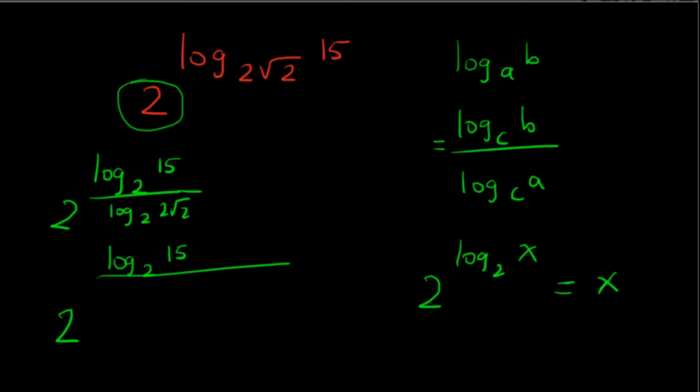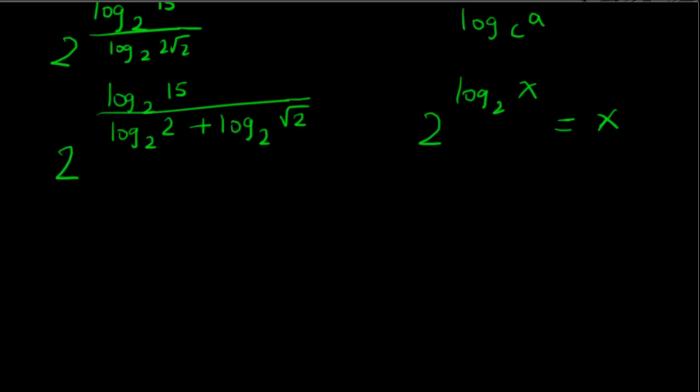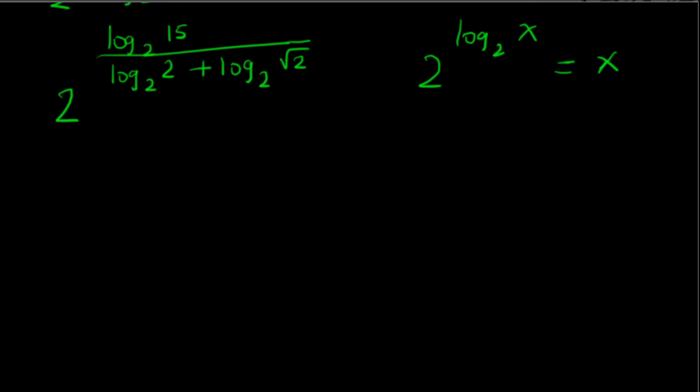But the log base 2 of 2 root 2, we can split it up into two logs, because remember, whenever we have the same base and we add the logs, we multiply what's inside the log. From here, we can simplify further. We're going to leave the log base 2 of 15 alone.